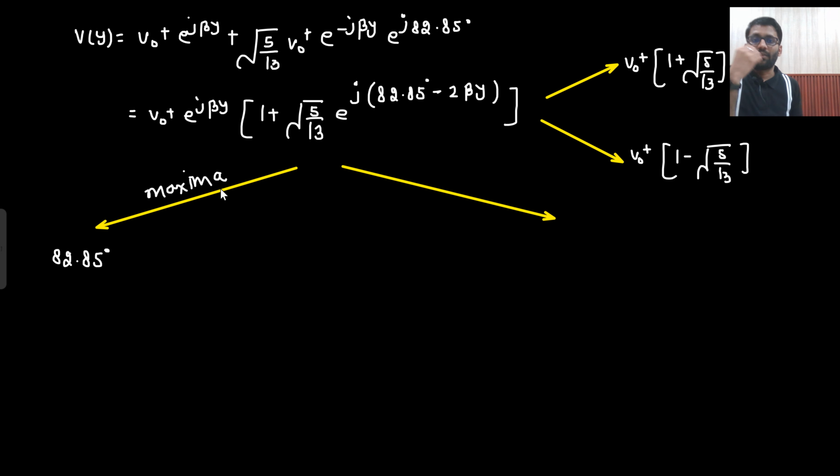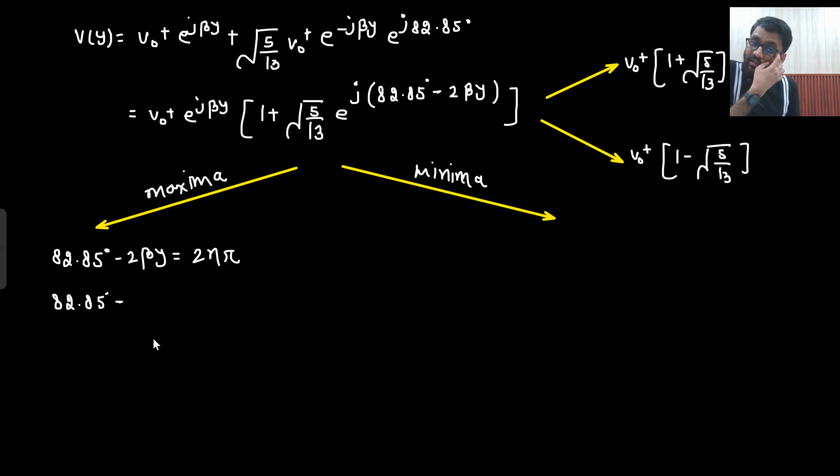For maxima, the phase 82.85 minus 2 beta y should be equal to 2n pi.